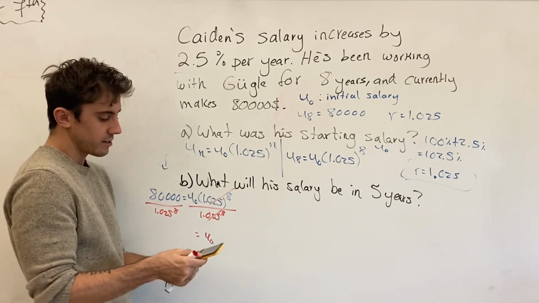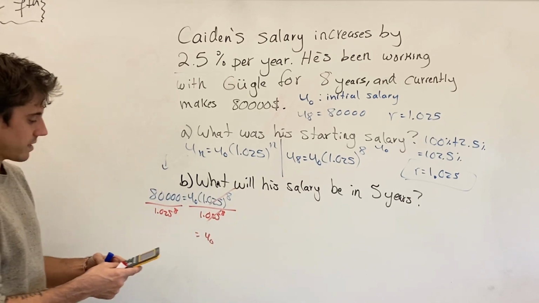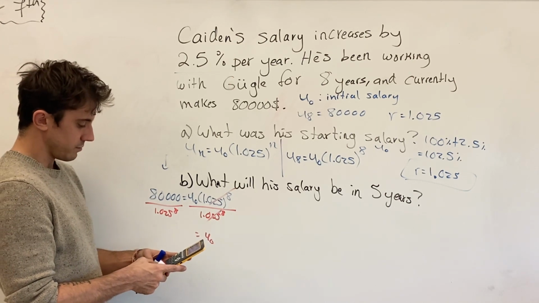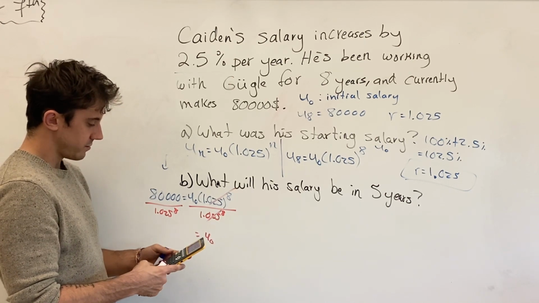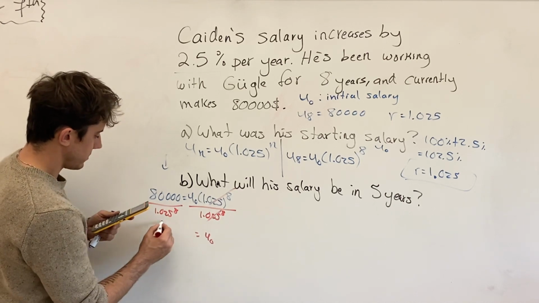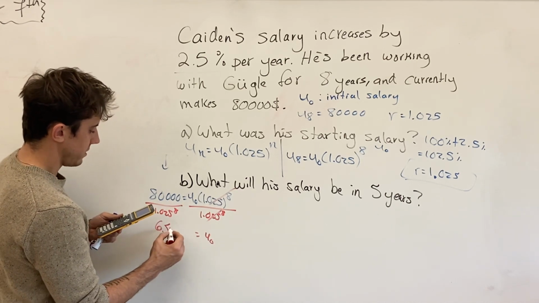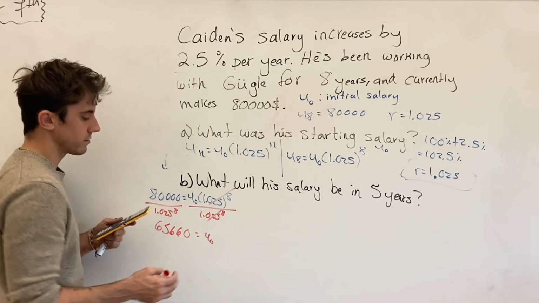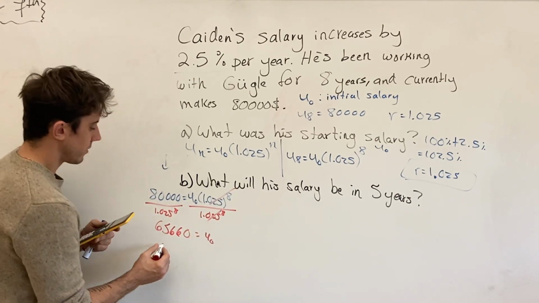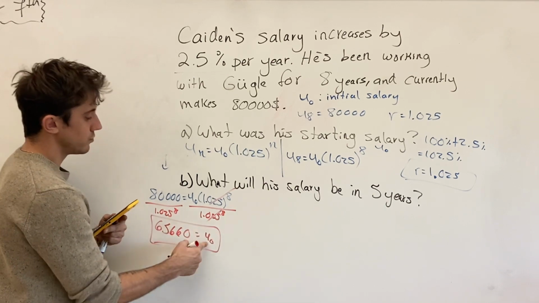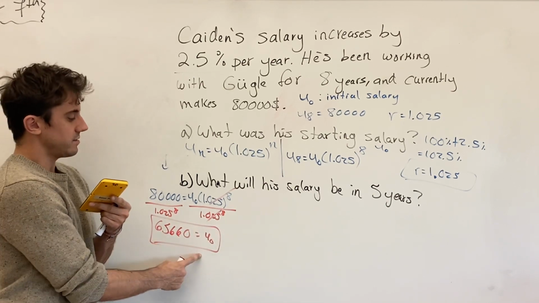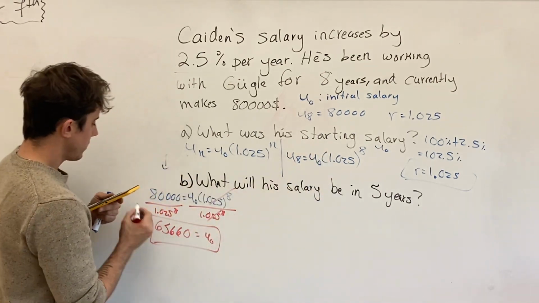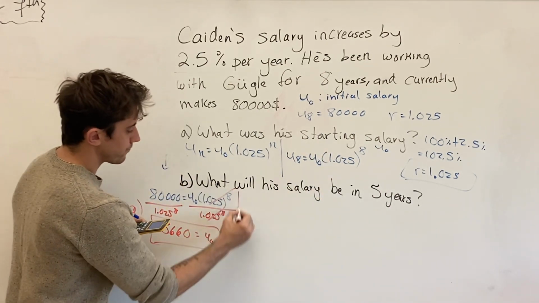If you have a nice calculator, it will do it in one step: 80,000 divided by 1.025 to the power of 8 brings us to $65,660, rounded to the nearest dollar. That is U0, his starting salary. So that is part A.